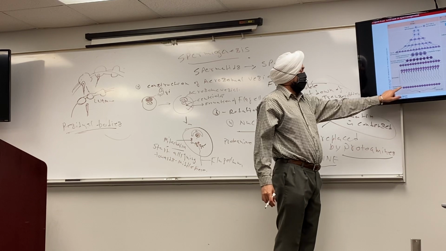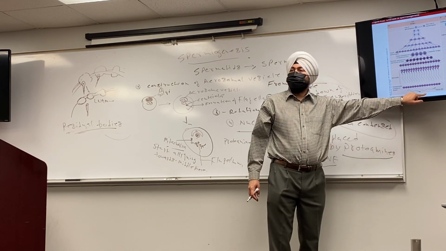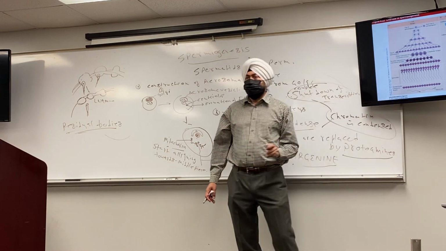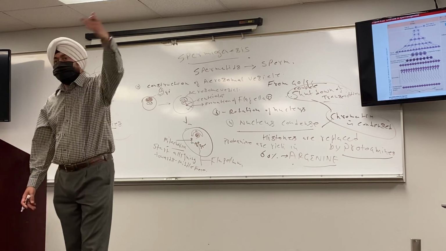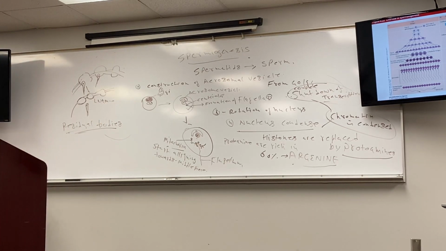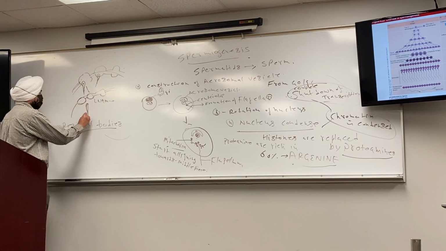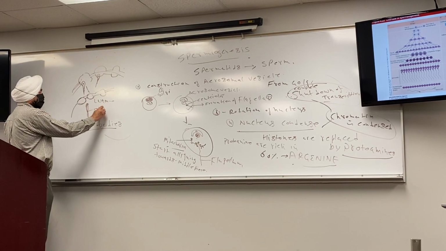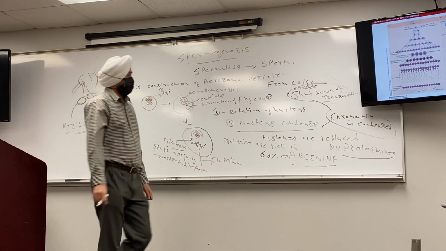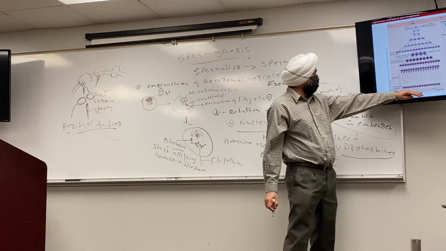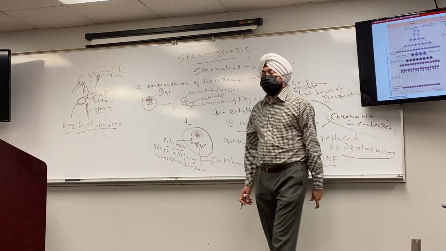All the residual bodies are left behind and the sperm is essentially going out. That is making sense? The residual bodies are whatever cytoplasm is left behind. So sperms are out, and then you have these residual bodies left behind.